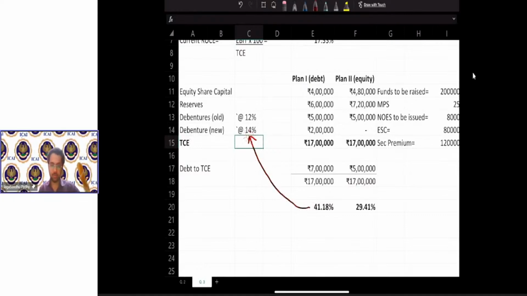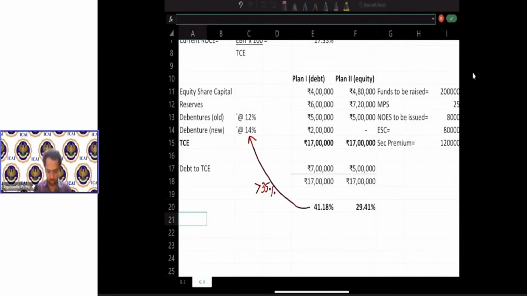And for that reason, this is going to be 14% since this is greater than 35%. And also, since it is greater than 35%, the P ratio is going to change.